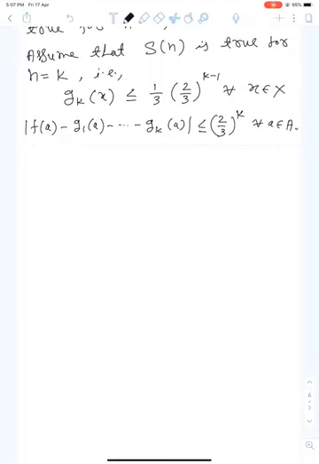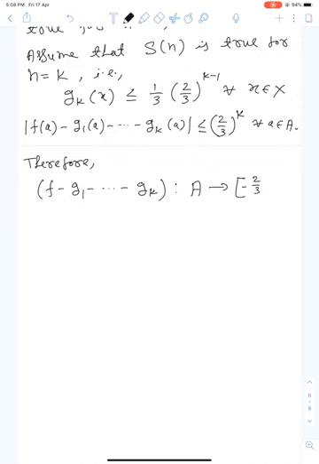So f minus g1 up to gk is a function from A to (-(2/3)^k, (2/3)^k). This is a continuous function.